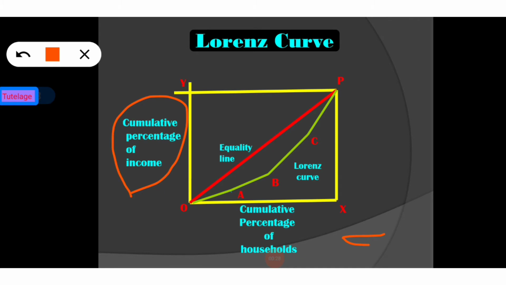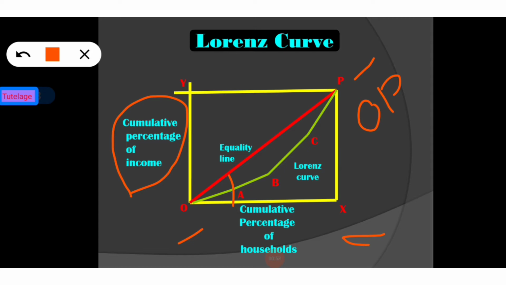And OP is the diagonal line, which is drawn connecting the point of origin O with point P. This diagonal line, OP, makes an angle of 45 degrees with which axis?